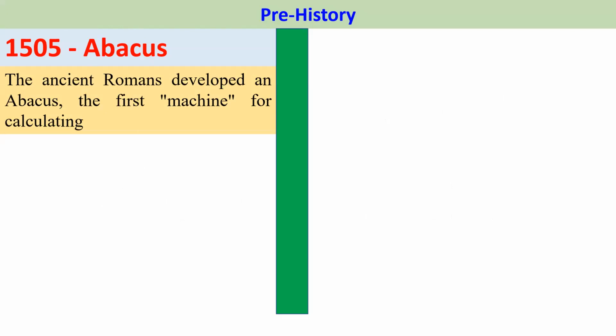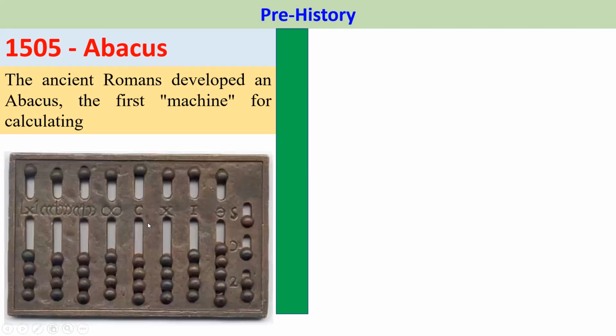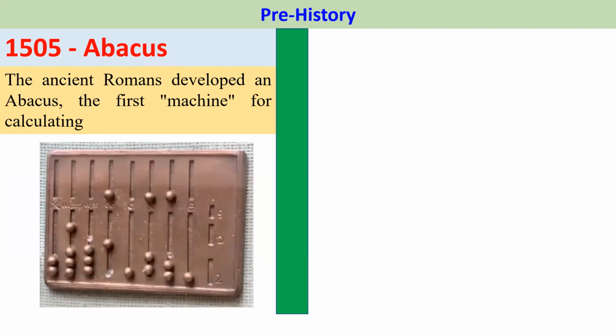They used the abacus for counting purposes. This is a simple device, and devices of this type are still available today. These are some pictures here. This is another type. This one is actually the oldest abacus we can find today.